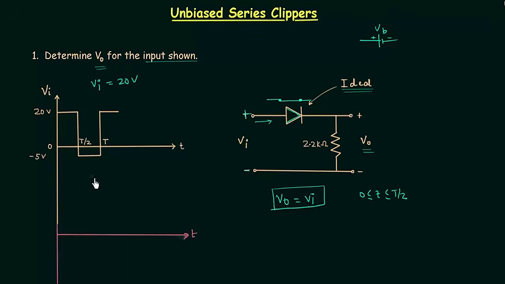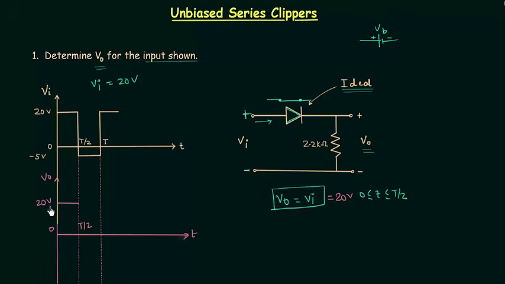I will extend these lines to have the same scale. This plot is for the output voltage Vo, and for the first half cycle from 0 to T/2, it is equal to Vi, and Vi is equal to 20 volts. So the output voltage is simply equal to 20 volts.